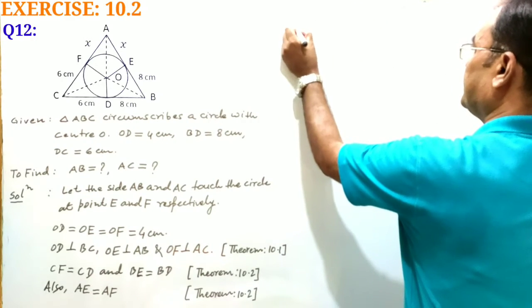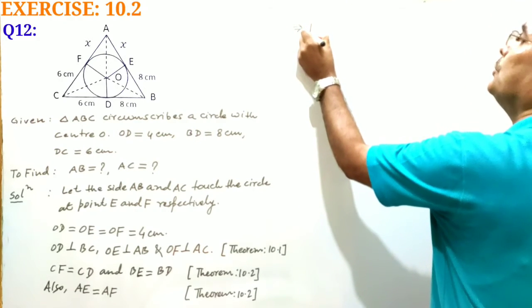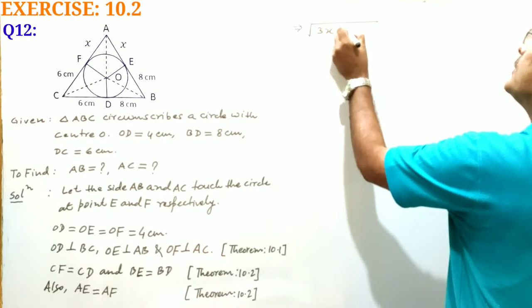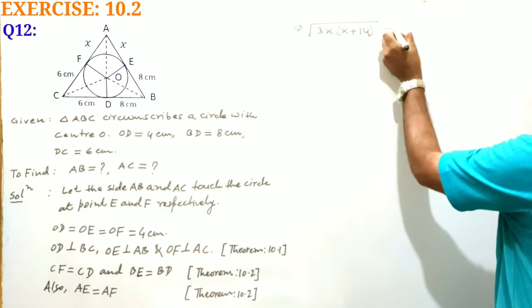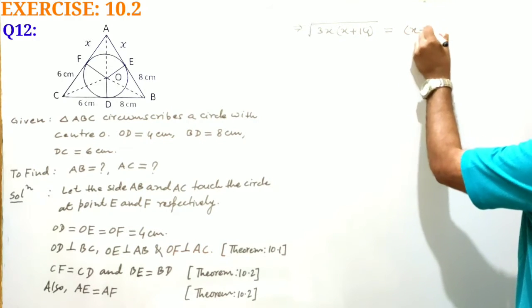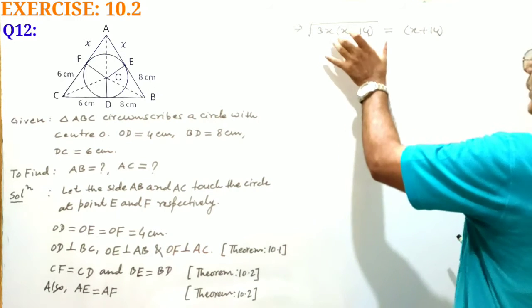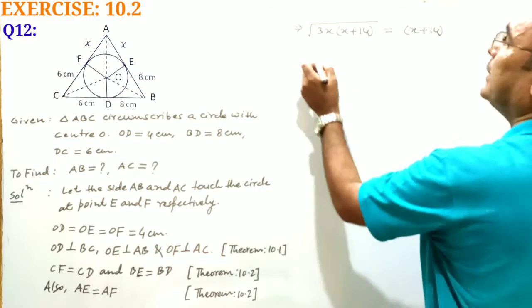This implies under root 3x into x plus 14 equal to x plus 14. Now square both sides to remove this radical sign from the left hand side.